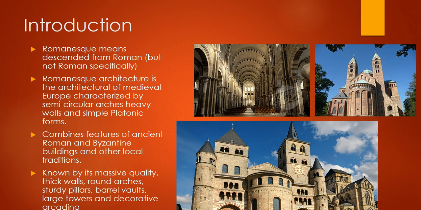One of the things that you'll notice when you start looking through the buildings is that it literally comes from a combination of the Byzantine architecture and the architecture of the Roman Empire. But one of the things I want you to be looking at is that it doesn't have the sophistication of the classic Roman Empire.